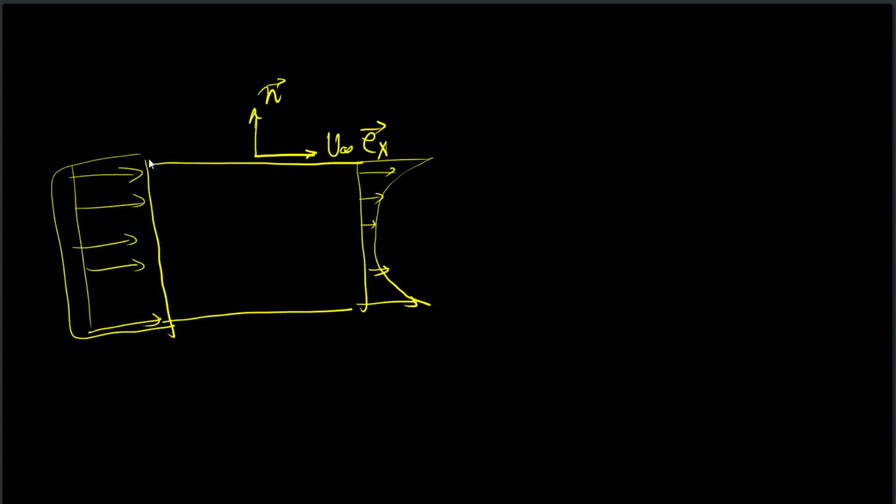And we've seen that a deficit in the incoming velocity will give rise to some velocity flux like this. Now this velocity flux implies that the velocity at this point is not u infinity ex. It is u infinity ex plus some velocity v in ey direction.